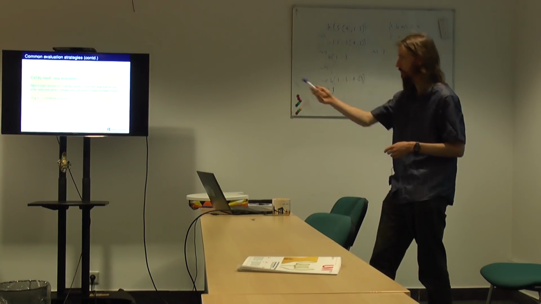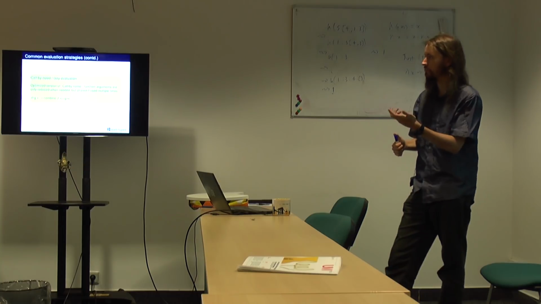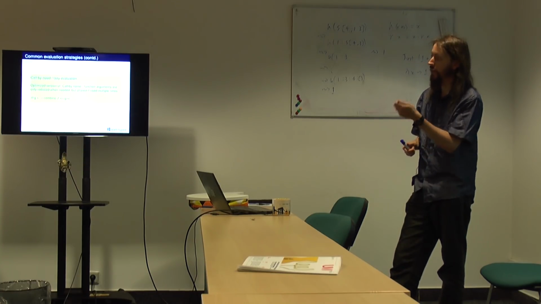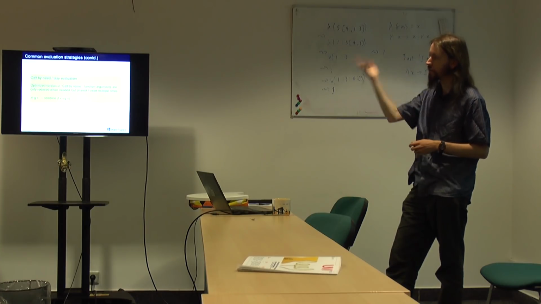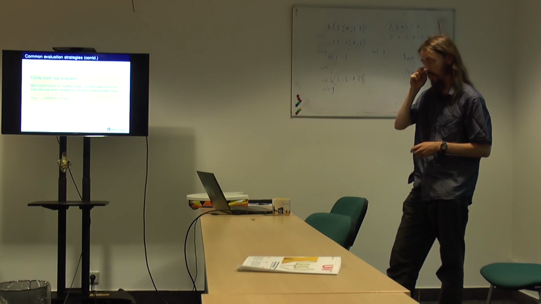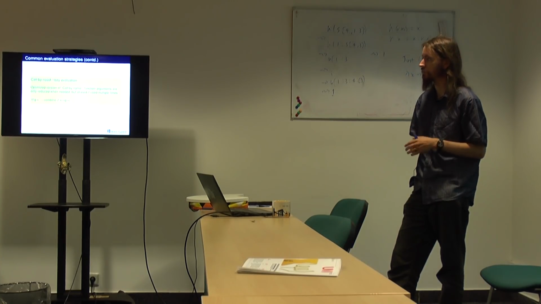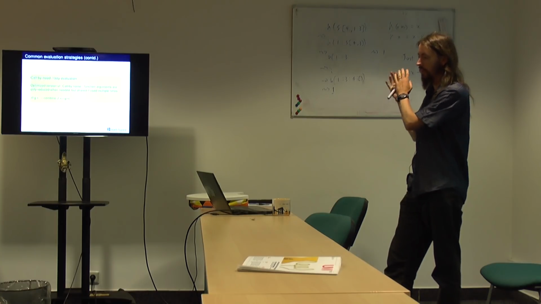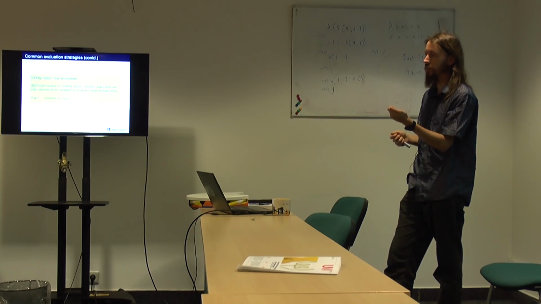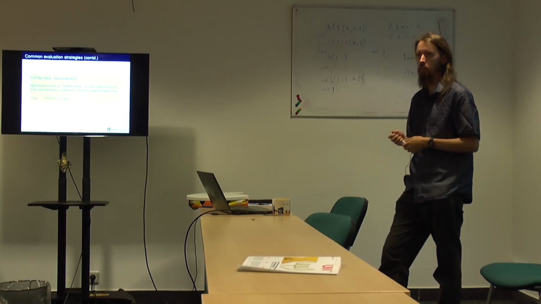So in this example here, the x variable is used twice, in f of x and g of x. But if we apply this function to something, so some term will get bound to x, that term will be reduced at most once.